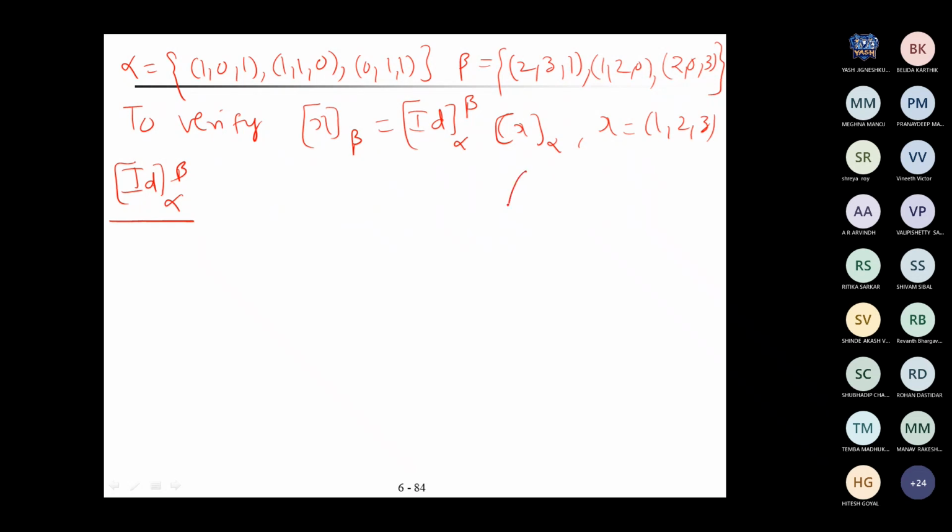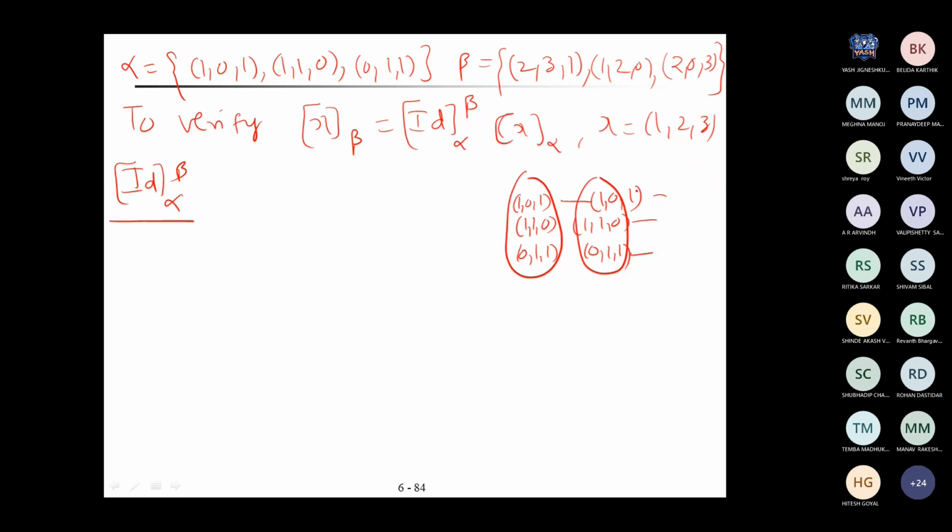So what you have to do, draw this diagram first so that it will be easy. In alpha you have three vectors, right? 101, 110, 011. So 101 goes to 101, this also goes to 110, this goes to 011.